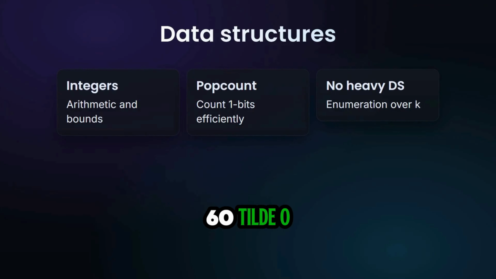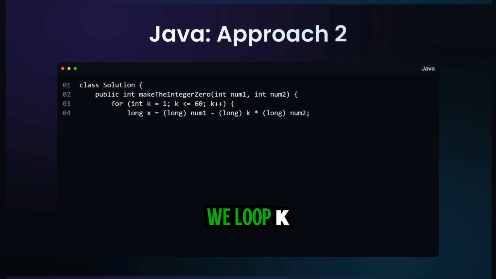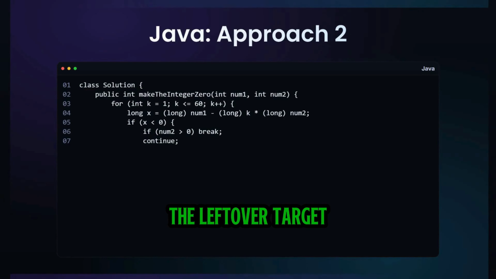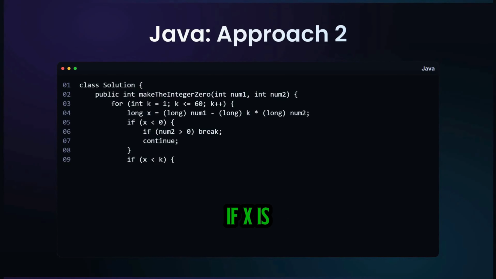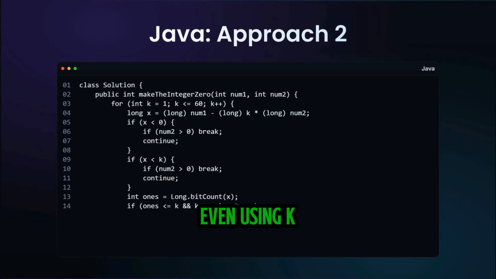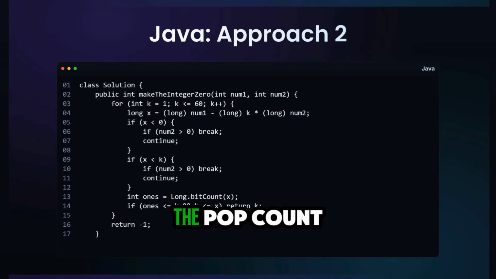Time, O of 60, roughly O of 1. Space, O of 1. We loop k from 1 to 60. We compute the leftover target x. If x is negative, we can't make it from powers of 2. If x is smaller than k, even using k 1s won't reach x. Otherwise, we check the pop count rule.